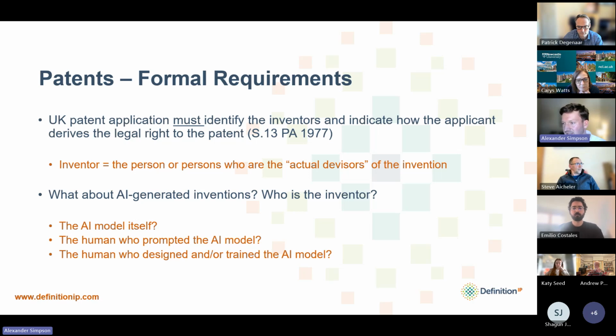Who should you list as the inventor? Is it the AI model itself? Is it the human being who was prompting the AI model that resulted in the output of the invention? Is it the human who designed the model or trained the model? So there's some ambiguity there.